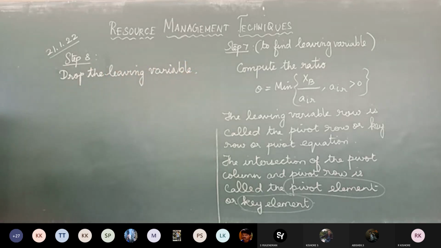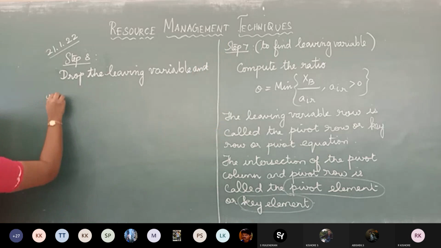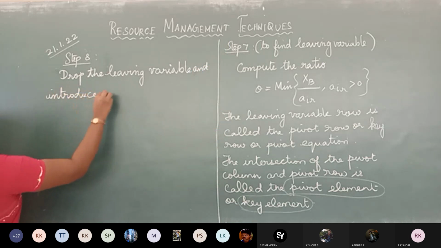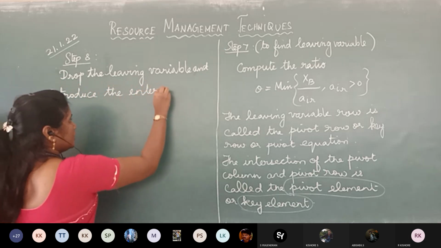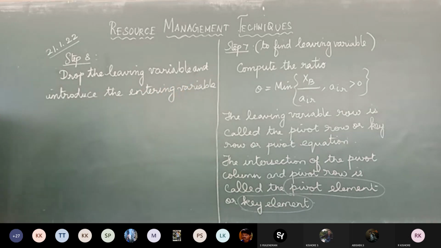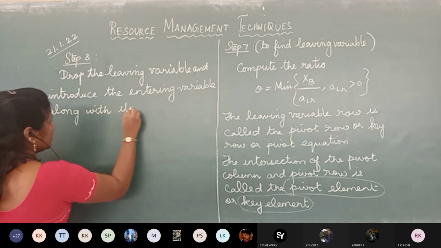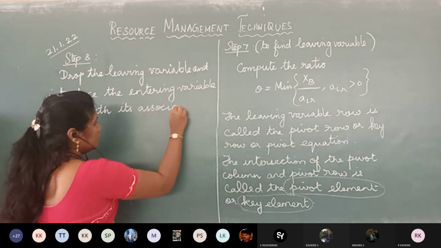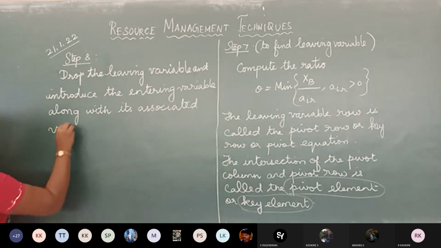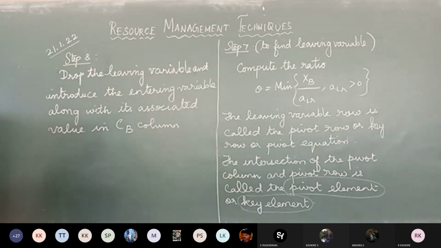You will not take that leaving variable, and you introduce the entering variable along with its associated value in the CB column.